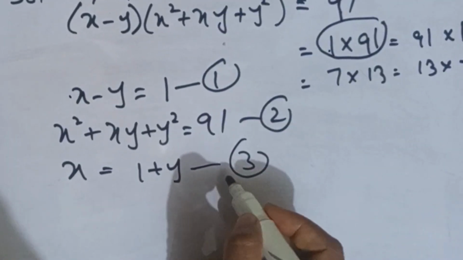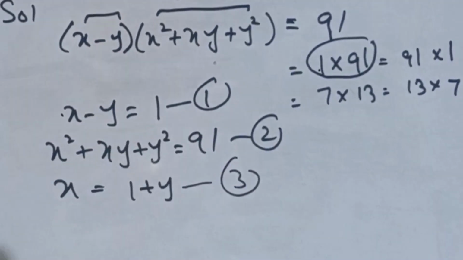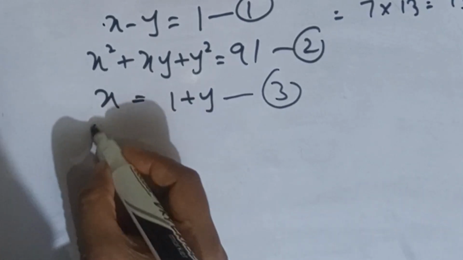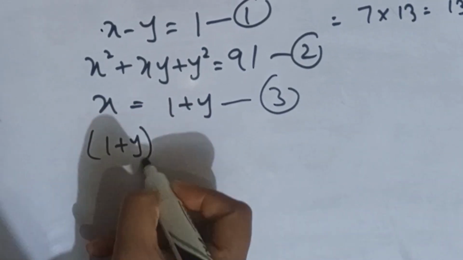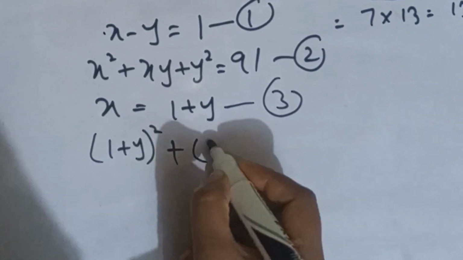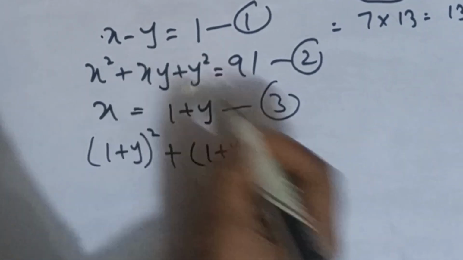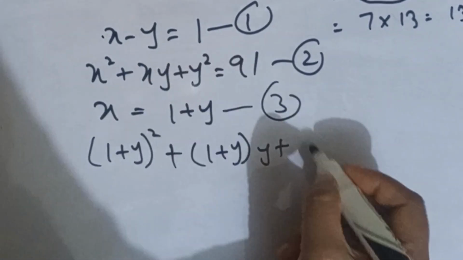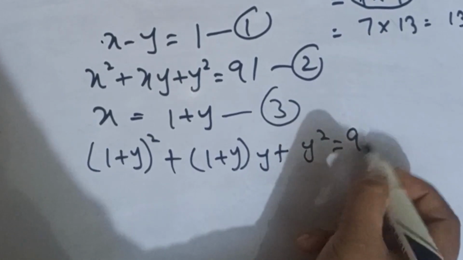Now we substitute equation 3 in equation 2. So this is x square, and x is equal to 1 plus y. So this is (1 plus y) whole square plus x, which is (1 plus y), times y, plus y square. This is equal to 91.